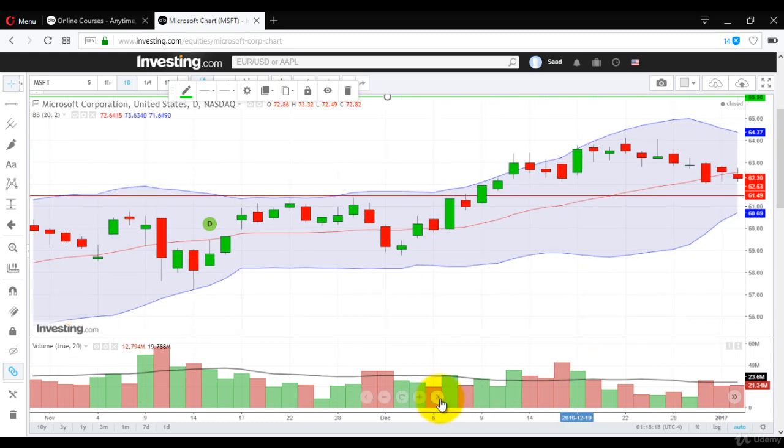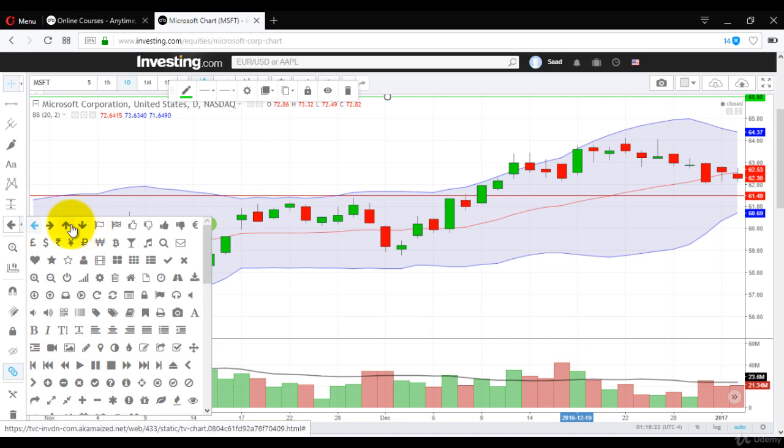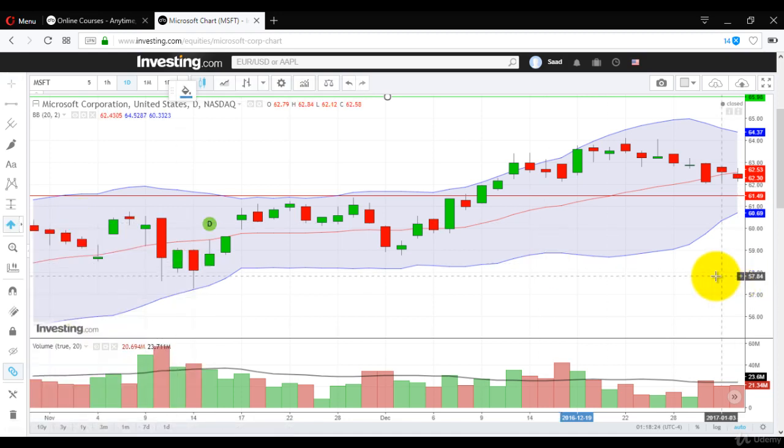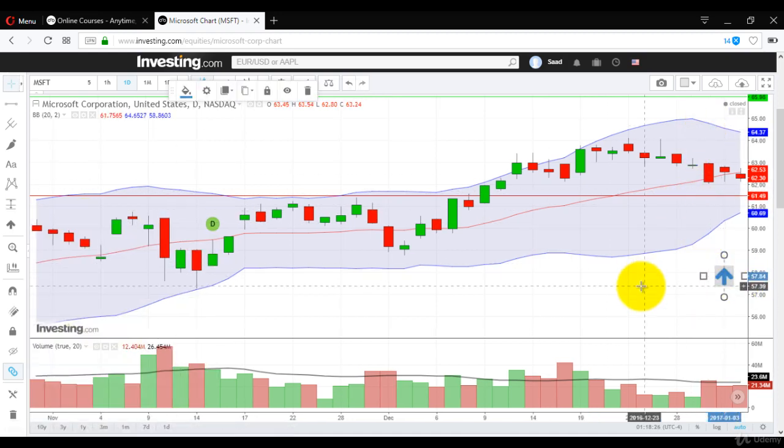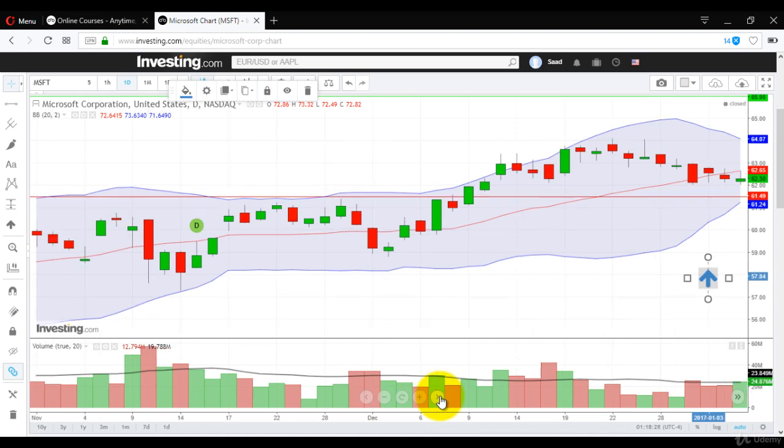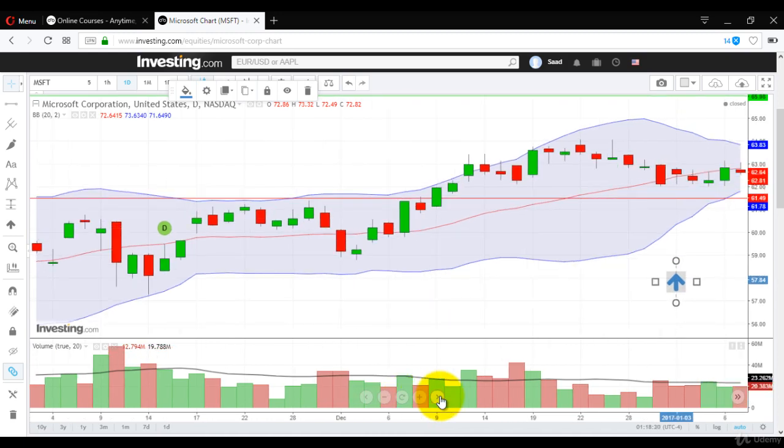Now what happens next? Let's see. On this day, we put the put option and call option. 2nd day, 3rd day, 4th day. Now on the 4th day, if you look at it, our Bollinger Band has crossed our line. So if the price drops below the Bollinger Band, we know that the change in trend is happening. But we will only be able to sell our stock on this red line.